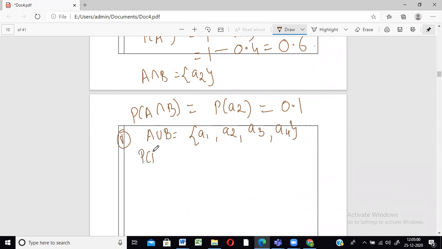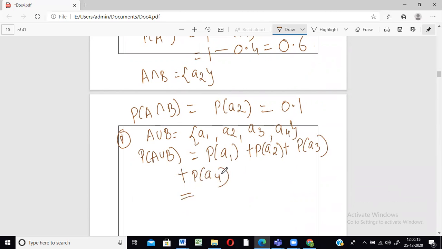Probability of A union B will be the addition of all of them.